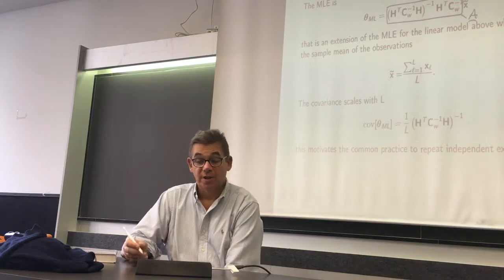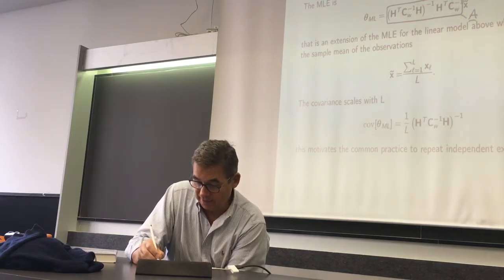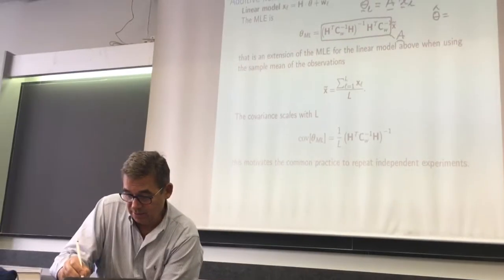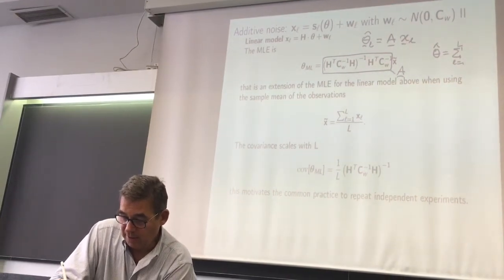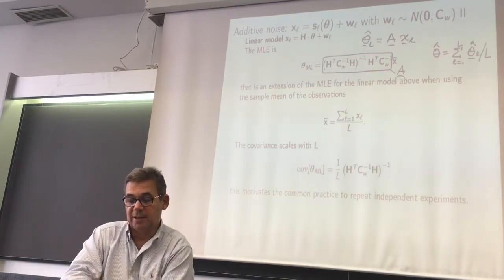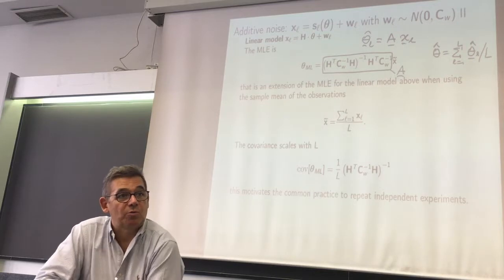So I can take theta hat equal to the sum from L equal 1 to capital L of theta hat L, and then I divide by L. This is the most intuitive one.